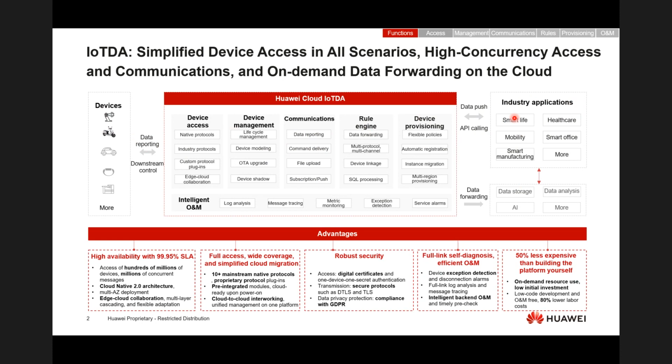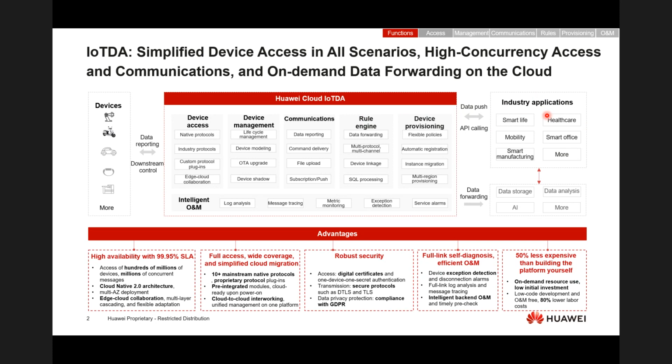You subscribe to the event, like the device status notification, and then if the device's status changes, IoTDA will push the data to your application automatically, so that you can know. You can maybe do some monitoring.